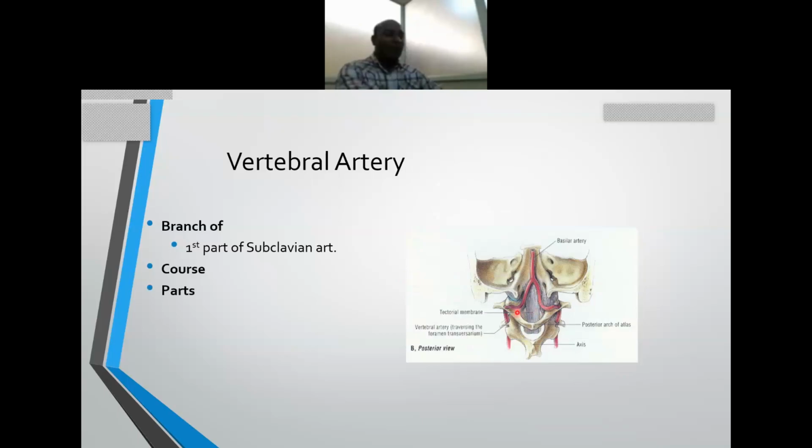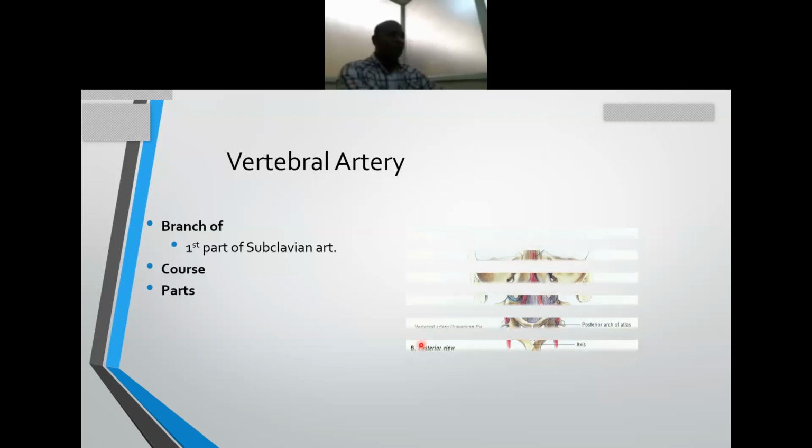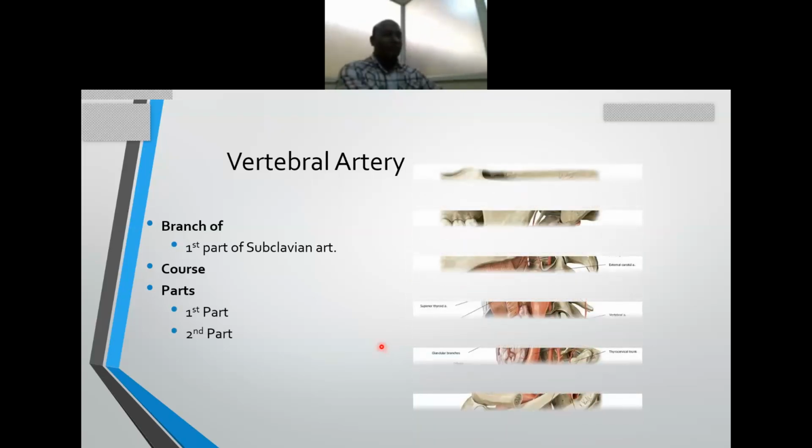It lies on the posterior arch of the atlas and then goes into the cranial cavity.